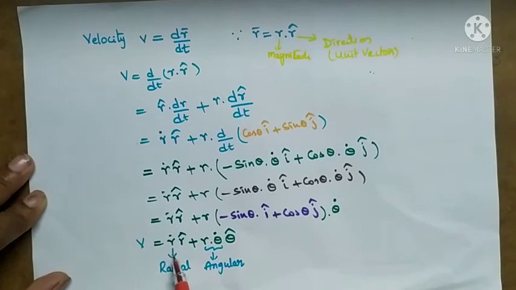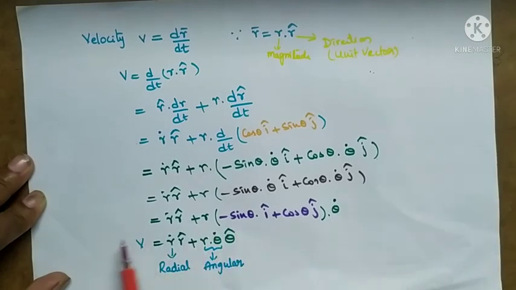So this r dot indicates the radial component of velocity, because it is multiplied with the radial unit vector, plus this is the angular component, and the coefficient indicates the angular component of velocity. So this is the total velocity of the particle.